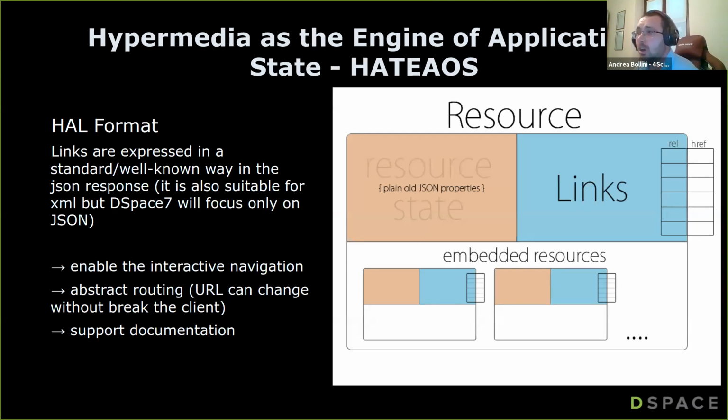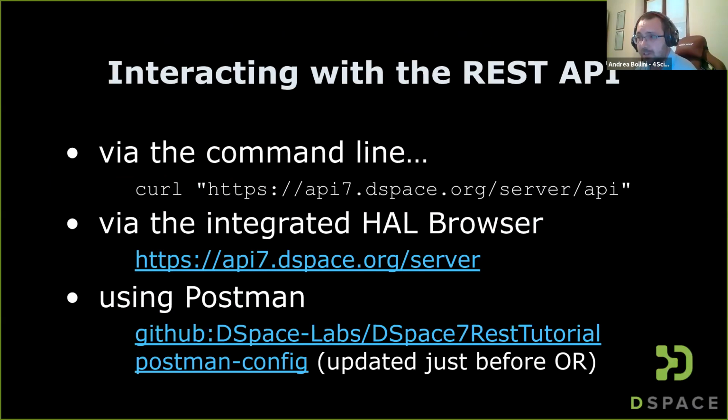So, how can you interact with our REST API? There are several ways to do that, and this is just the easiest one. Of course, you can play with it using the command line. You can use wget or curl or any command line tool that you like to query our REST API endpoint.